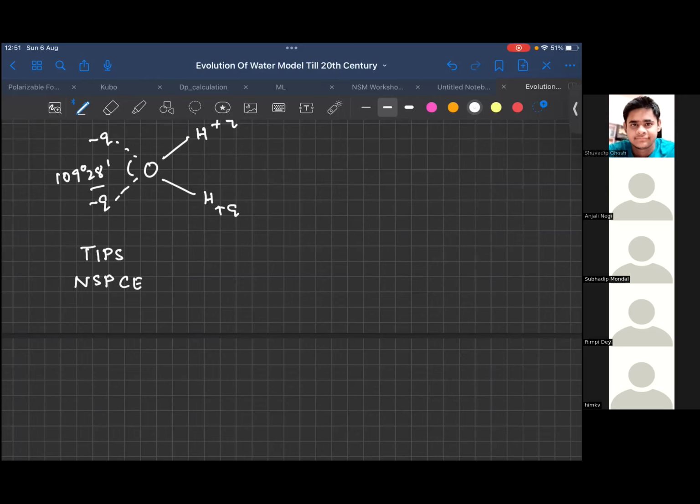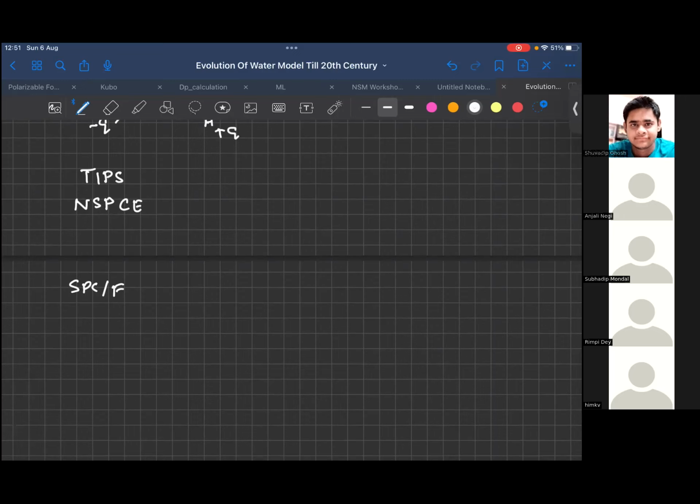After these Lennard-Jones terms, a few force fields like SPC/F and the central force model introduced the flexibility of the molecule, by allowing intramolecular vibrations and these things.